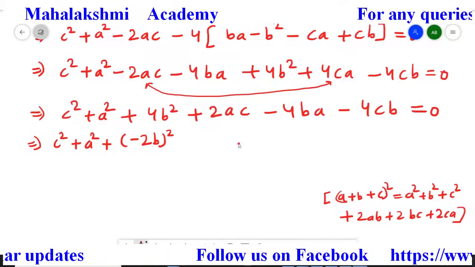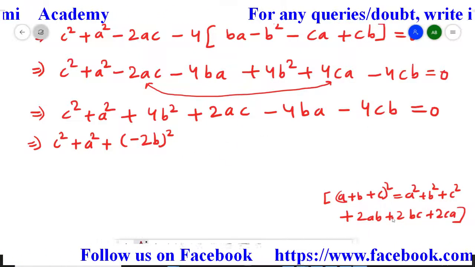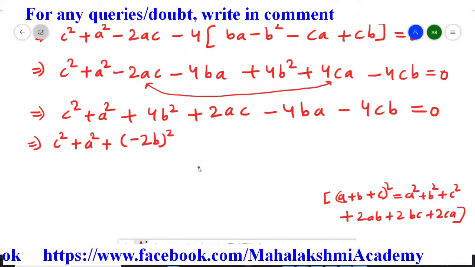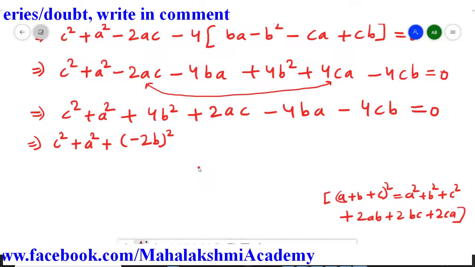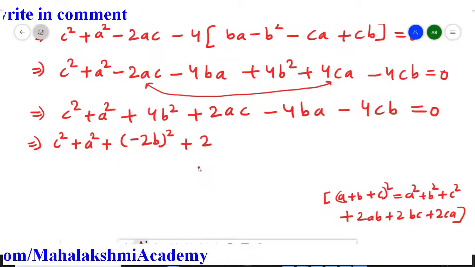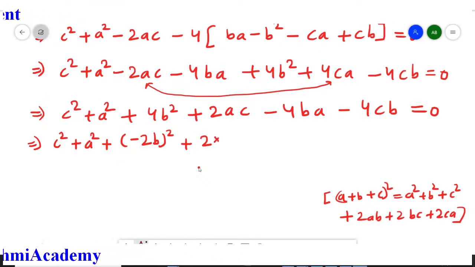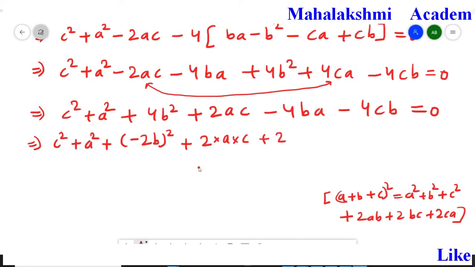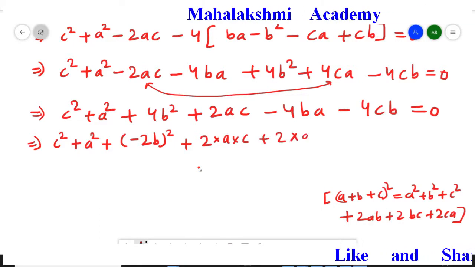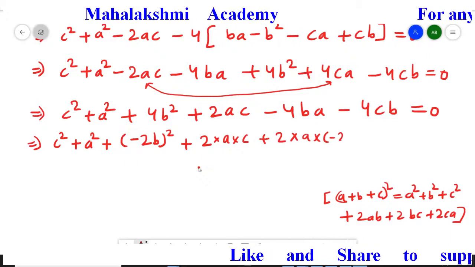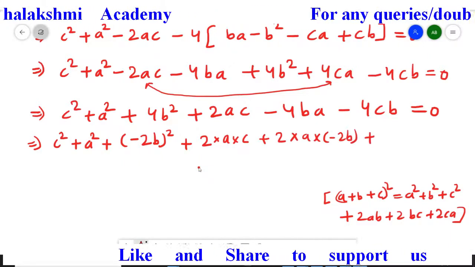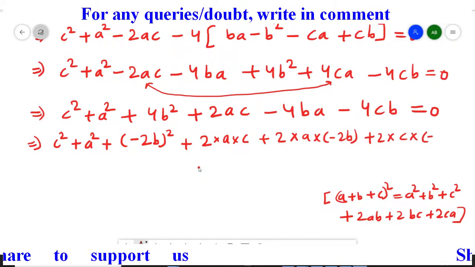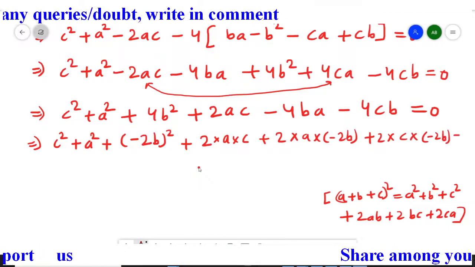Now here we are going to write them in the form of 2ab, 2bc and 2ca. So it's going to be plus 2 multiplied by a, then multiplied by c, plus 2 multiplied by a, then multiplied by minus 2b, then plus 2 multiplied by c multiplied by minus 2b equal to 0.